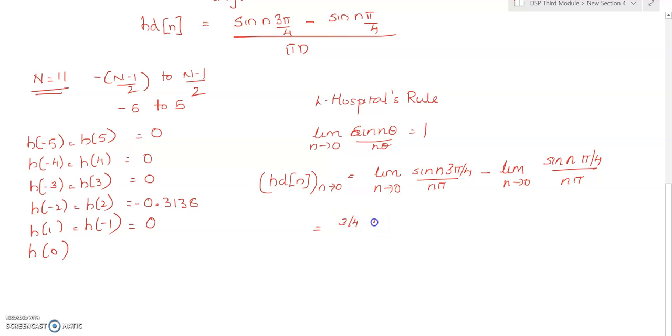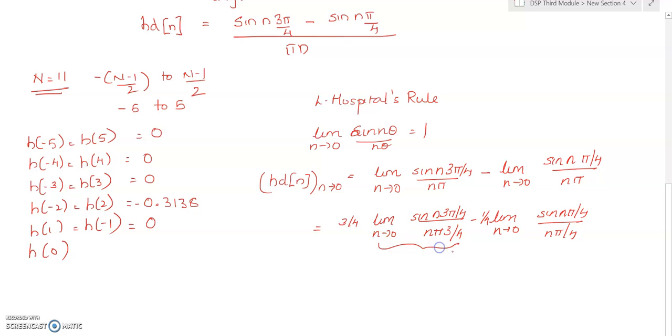So this becomes limit n tends to 0 sine n 3 pi by 4 by n 3 pi by 4 times 3 by 4, minus limit n tends to 0 sine n pi by 4 by n pi by 4, where 1 by 4 should be coming at the beginning.